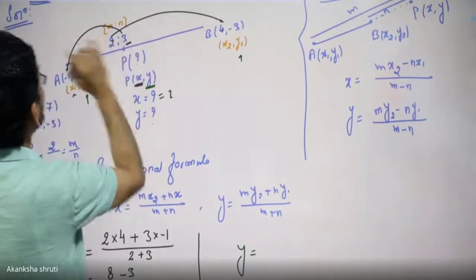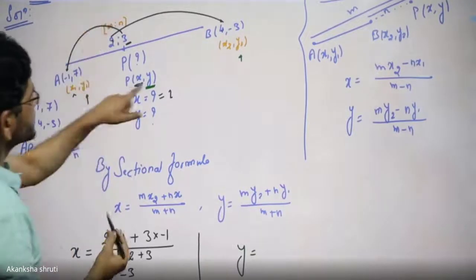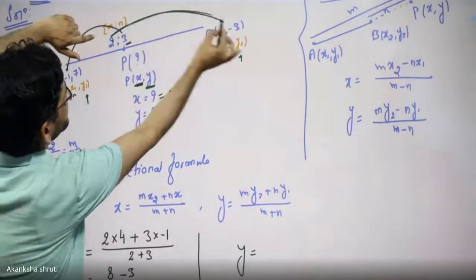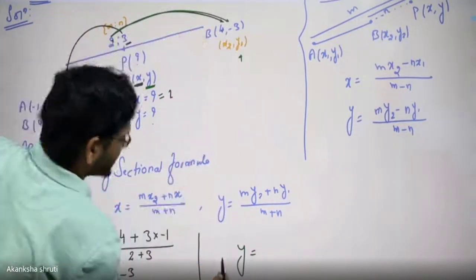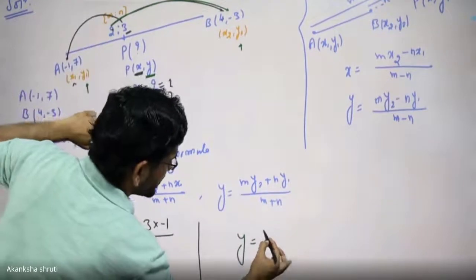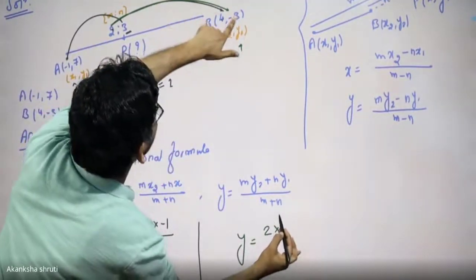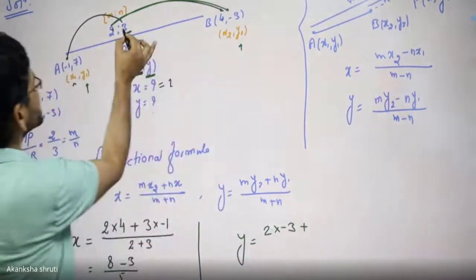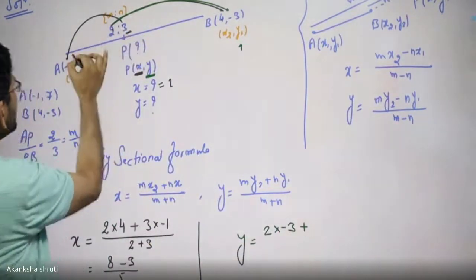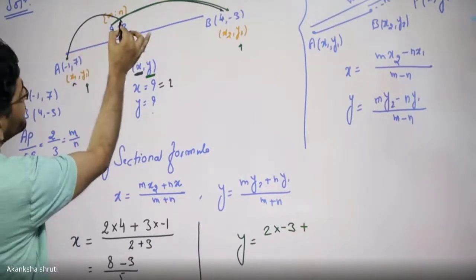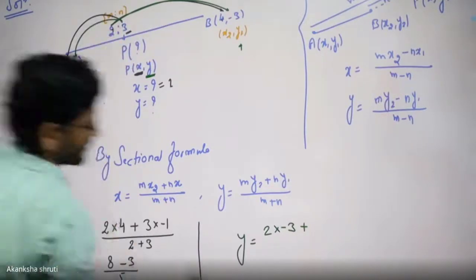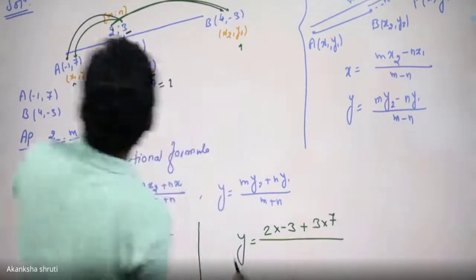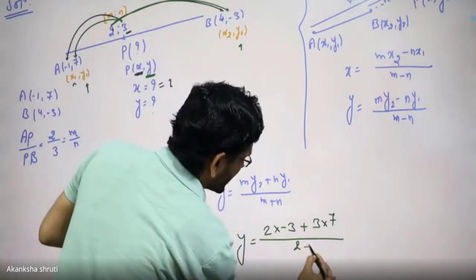So this y can be written by starting with this 2 and taking the y coordinate of B. So it is 2 into the y coordinate of B, which is -3, plus, taking the second part of the ratio, 3 into the y coordinate of A. So it will be 3 into 7, divided by 2 plus 3.